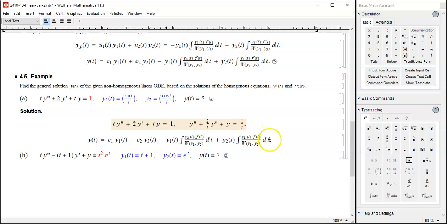And then you're going to plug into this formula. So what is this? Let's see. What is y1? It is sine of t over t. So it's going to be this one: sine of t over t, and then cosine of t over t, and that's cosine of t over t, and that's sine of t over t.